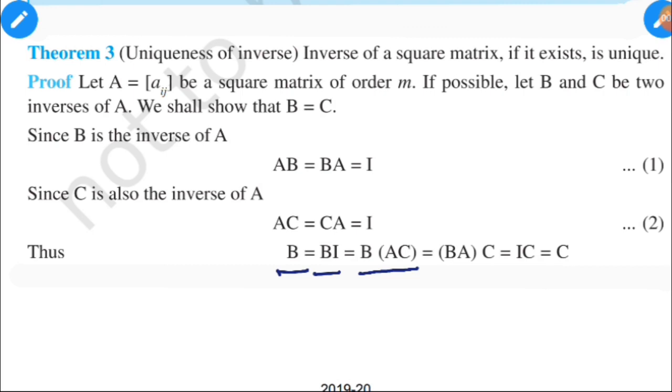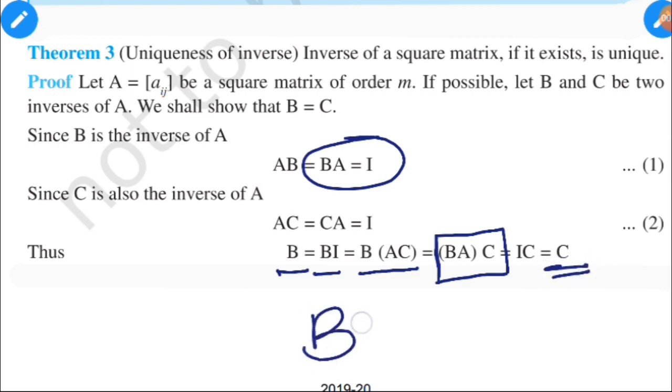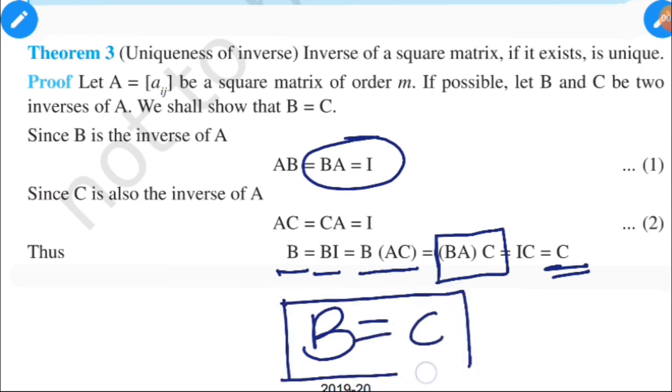Using the associative property of matrix multiplication, we can write BA into C. Again substitute BA equal to I from the first equation. So BI into C will be I into C. If we multiply any matrix with I, we will get the same matrix C. So we got B equal to C. That is, B and C are identical.